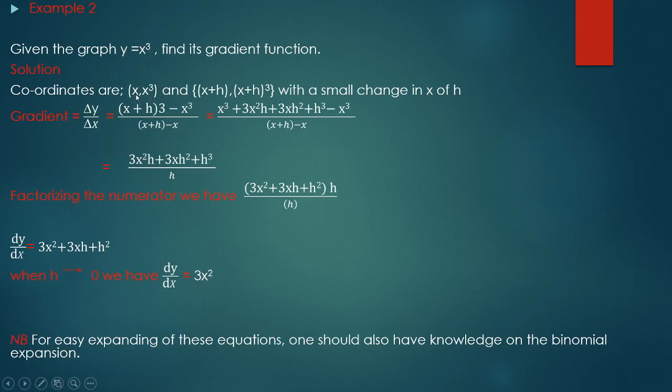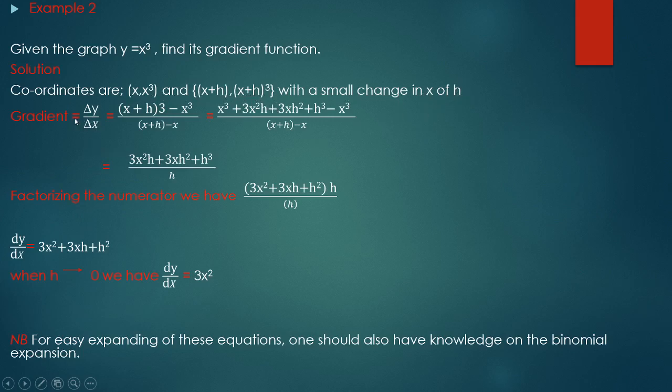That is, x1 is x and x cubed. And now, our x2 becomes x plus h, because there is a change that has occurred in x. And x plus h, now we cube it, (x plus h) cubed. That becomes our y2. So we shall have this coordinate and this one when we have a small change in x, like I said, of h.